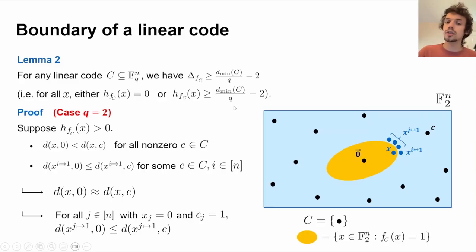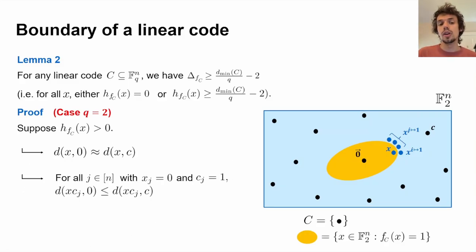So how many such coordinate j's are there? Well, the point is there must be at least the distance between 0 and c of them, right? Because x was about halfway between 0 and c. So that means that if you look at all the coordinates where 0 and c disagree, so all the coordinates where cj is 1, at least half of them must have x agreeing with 0.